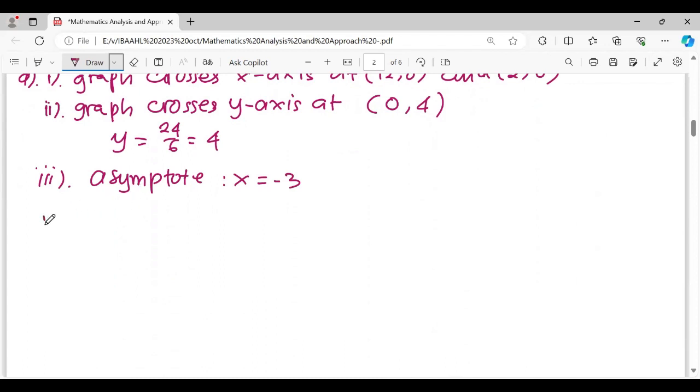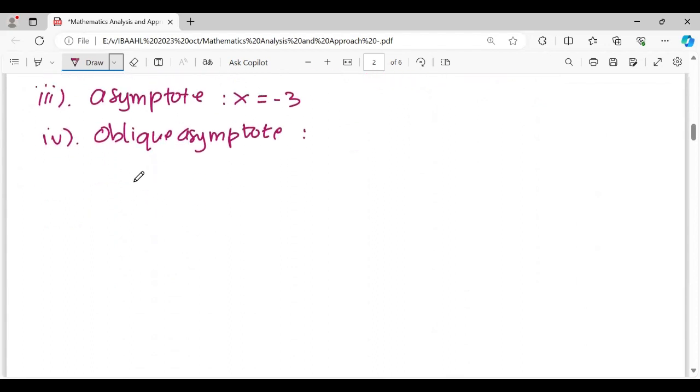And the oblique asymptote I'm going to find through this division: x squared minus 14x plus 24 divided by 2x plus 6.